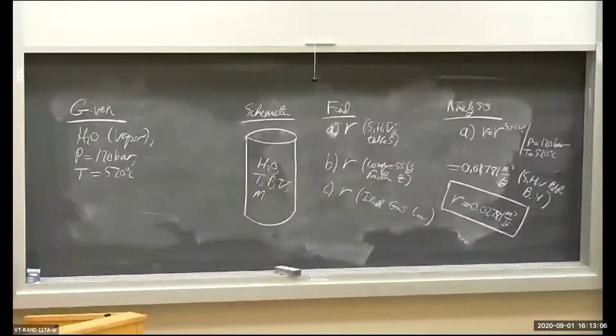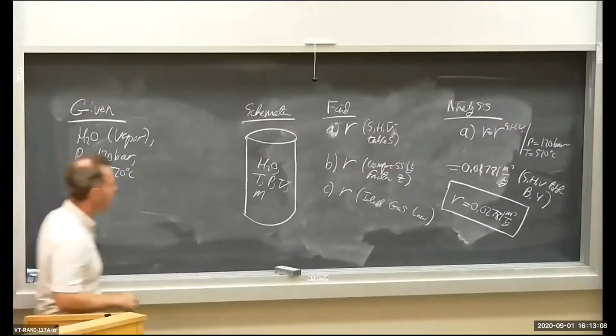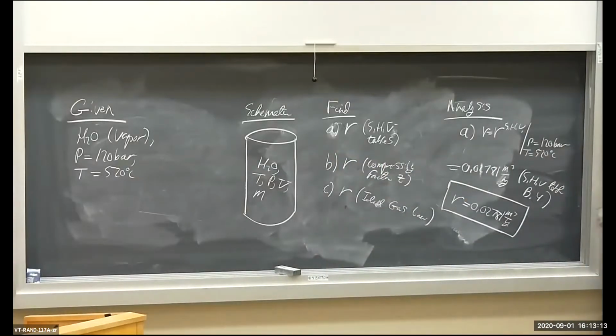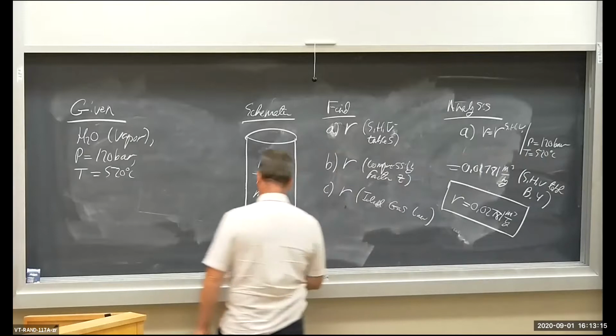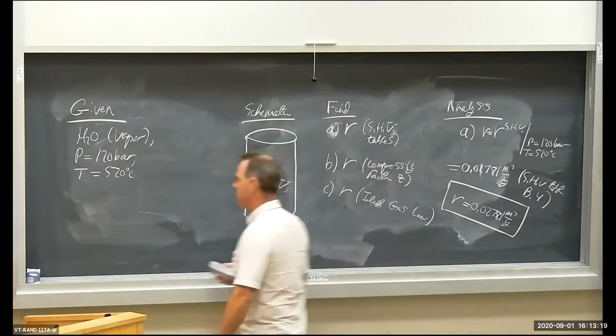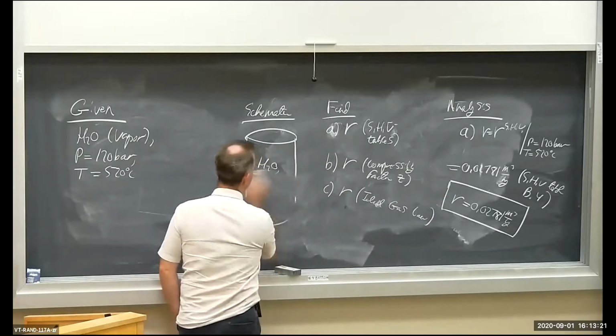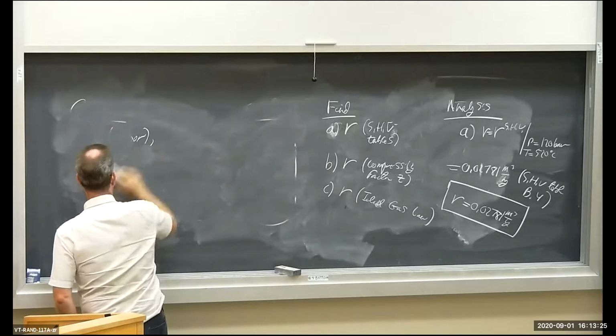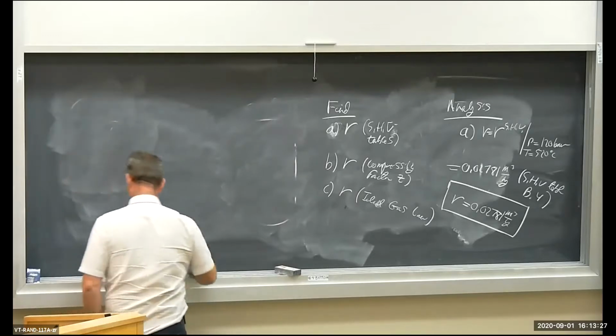Okay, let's finish off the problem by calculating the specific volume, assuming Z is equal to 1, i.e. by the ideal gas law. All right, let's do that.